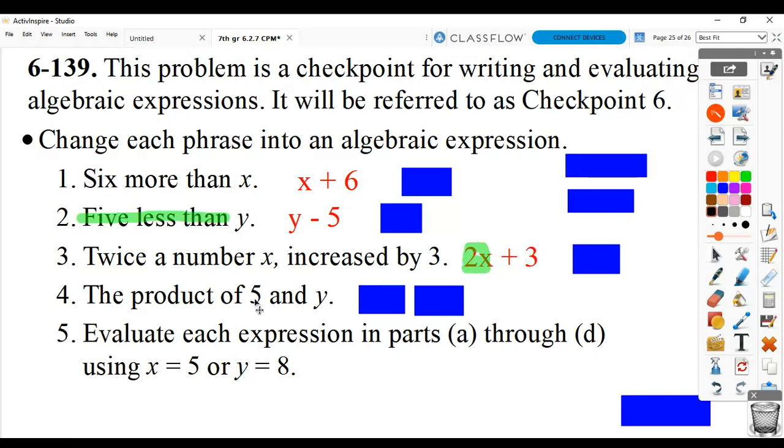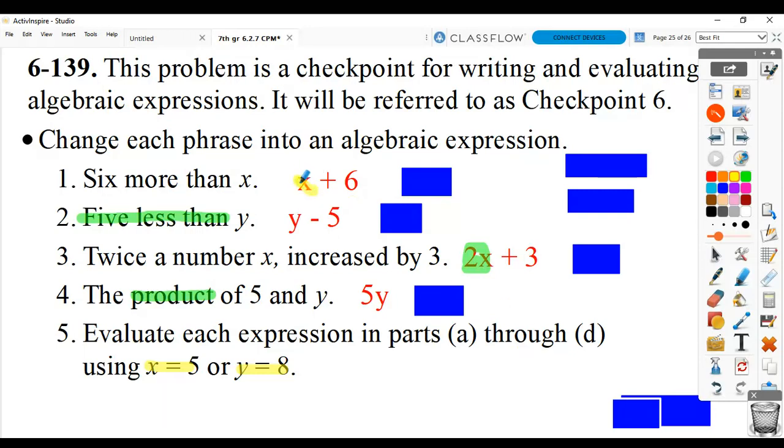The product of 5 and y, we know the word product means answer to a multiplication problem. So you're multiplying 5 and y and getting 5y. And then for the last part, they want you to go back and find the value of these if x is 5 or y is 8.